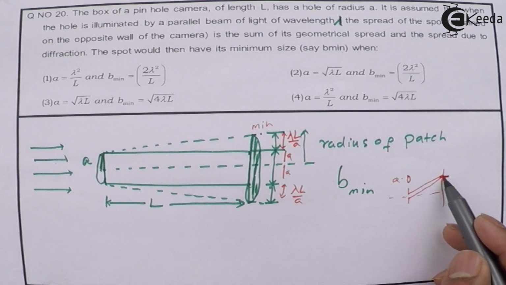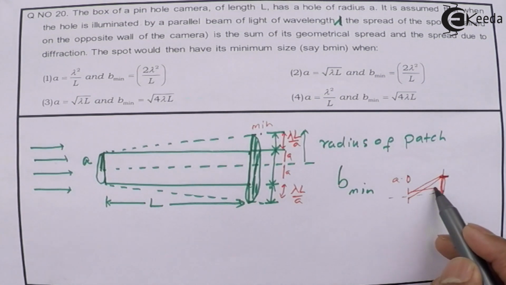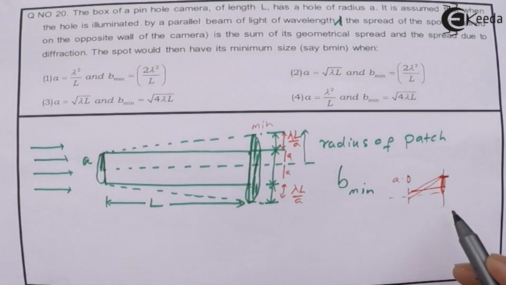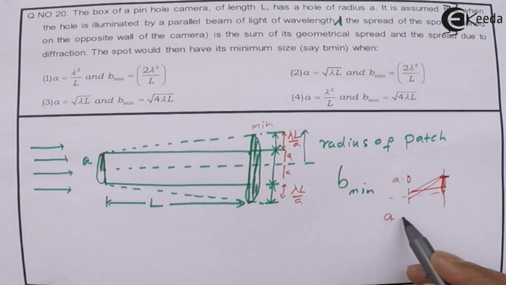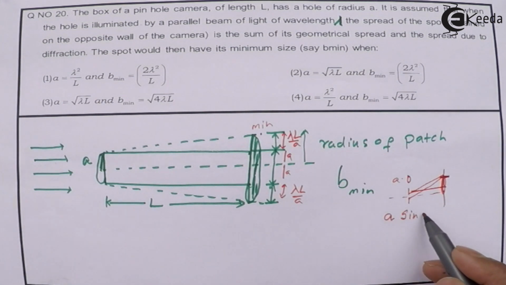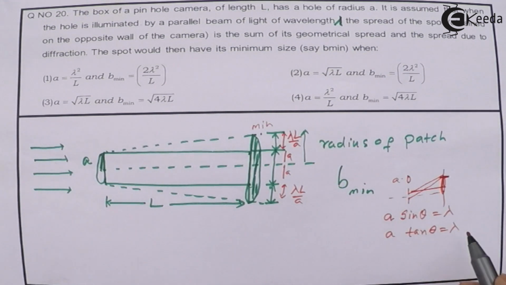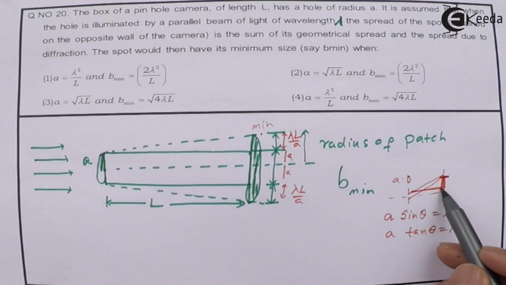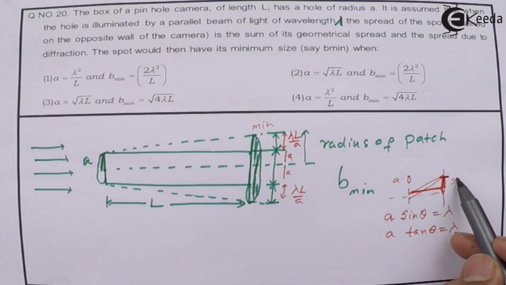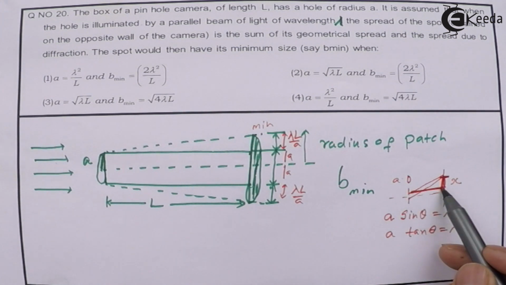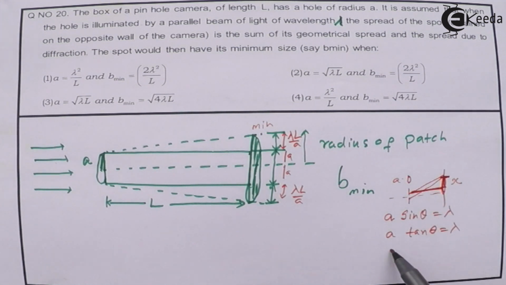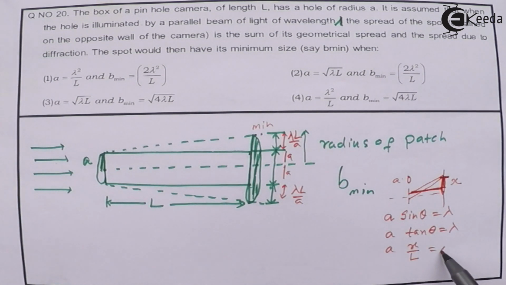So first minima spreading is like this from here to here. For first minima, A sin theta is lambda. Sin theta I can write as tan theta is lambda. Tan theta is this side by this side. This side is x suppose, and this is called L. So this is x over L is lambda.